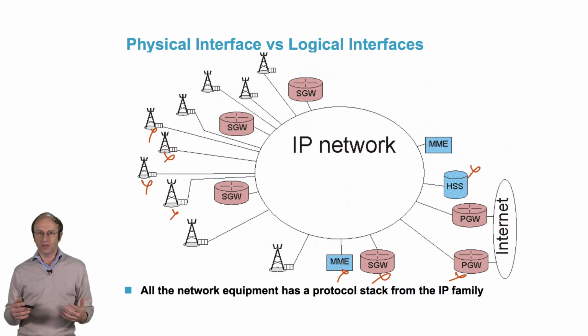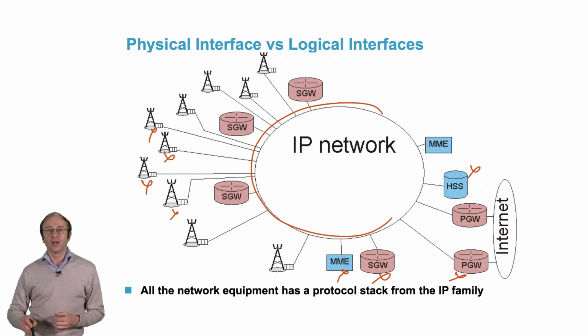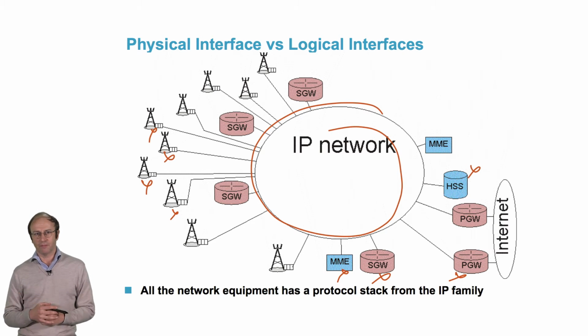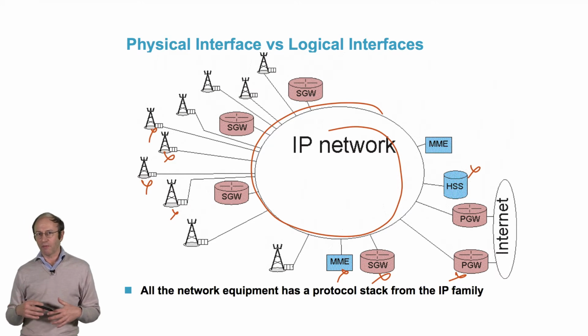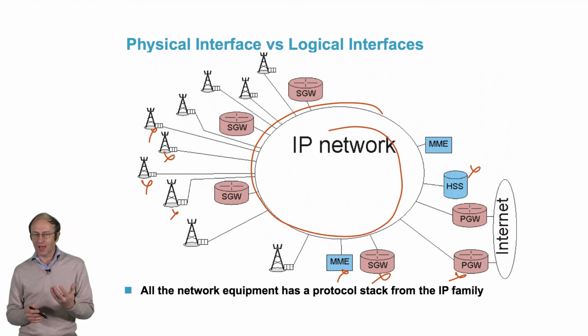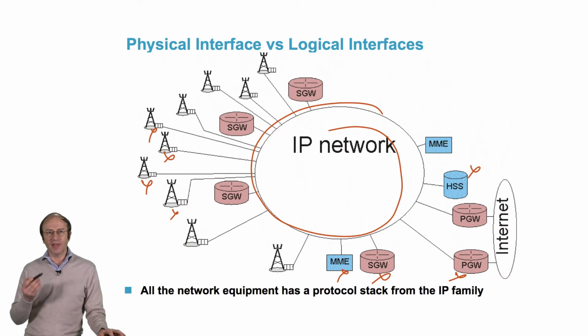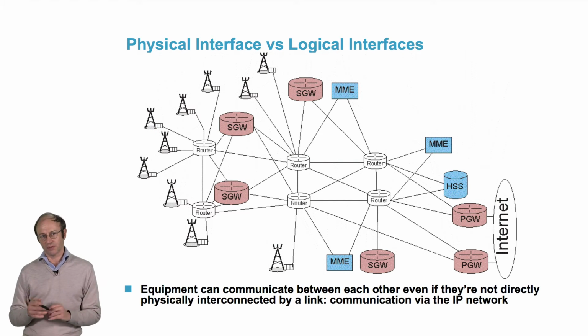All these nodes are interconnected to the IP network of the mobile operator. All the equipment of the 4G network have the IP protocol stack, and we could say in plain language, speak IP. The operator's IP network is made up of a set of interconnected routers.